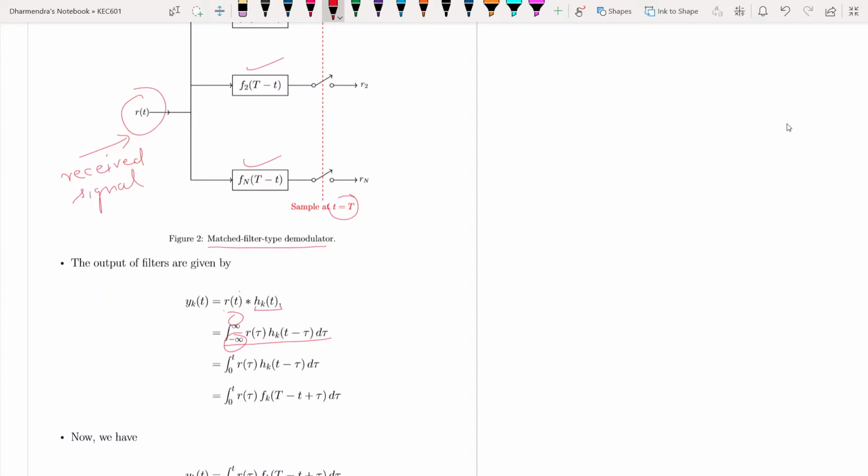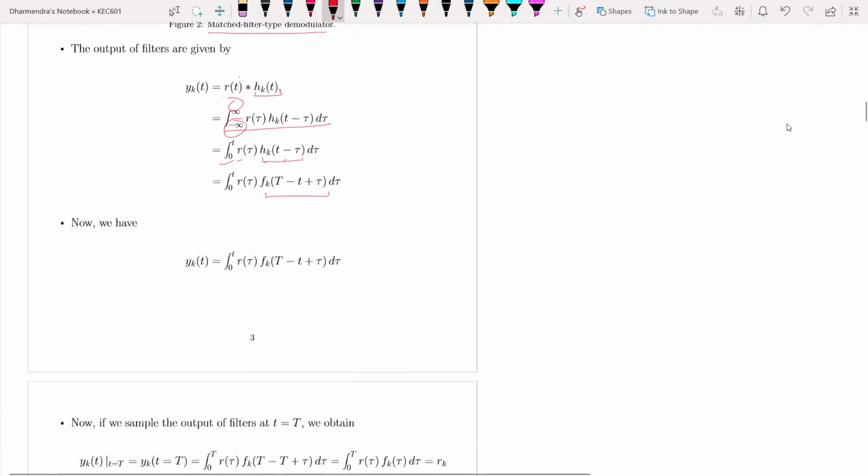If I simplify this integral, it can start from 0 to t, and then you have to integrate r of tau with h k of t minus tau d tau. So now the output of the kth matched filter can be written like this.